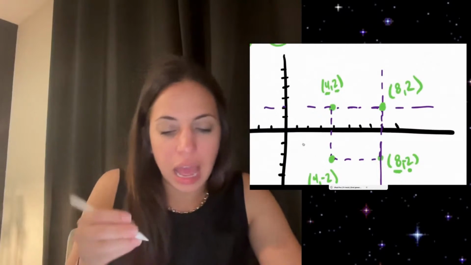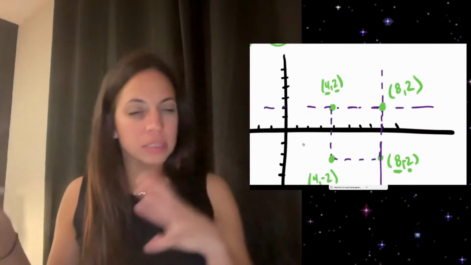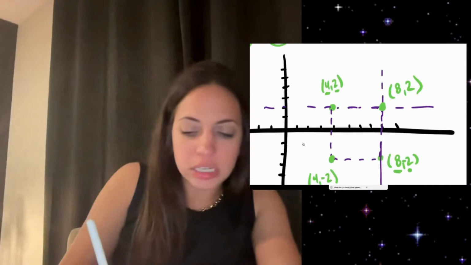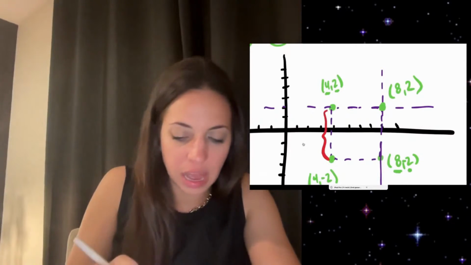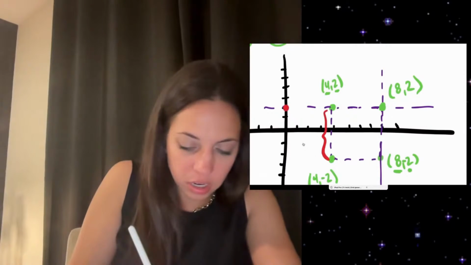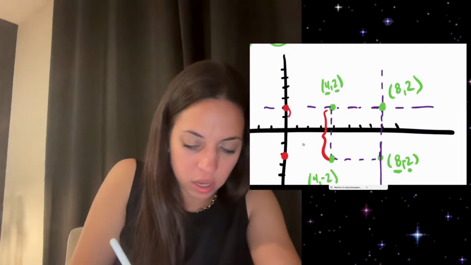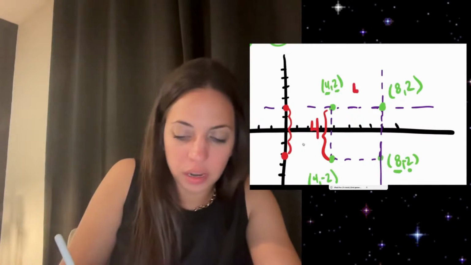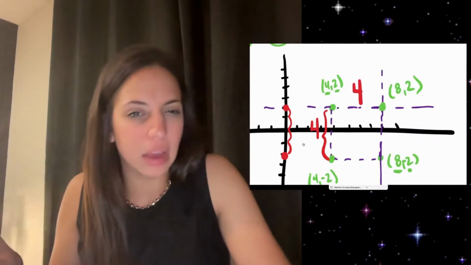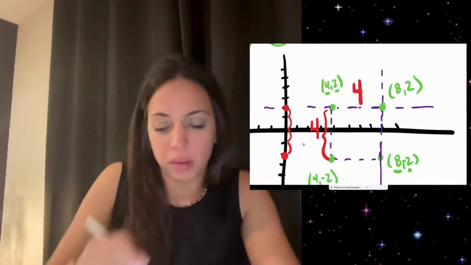So now that I have my graph, I want to know what the area of this square is. I know a square has equal sides, and so I just need to figure out what is the length of this side. Well, if I'm going from here to here, that's 1, 2, 3, 4. And if that's 4, then I know that this is 4. I don't need to count it again unless I'm not sure about this one.